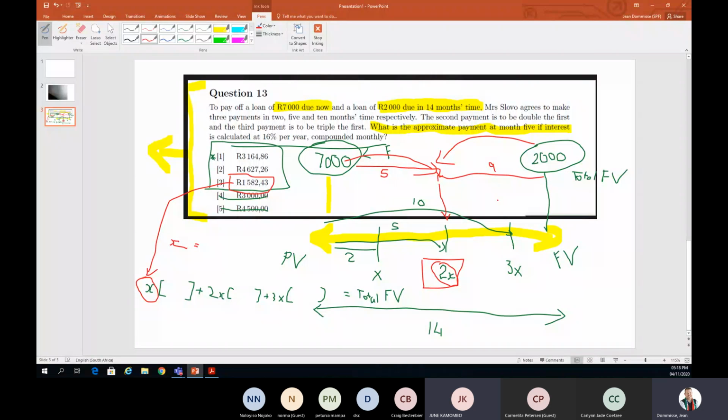Okay, so let me see if I calculate it the other way, if it may be easier to do it that way and we get the same answer. So I will play a bit with that and see if I can get to a quicker way for you to get to the answer, because I like to move everything into the future or everything back into the beginning, and from there I normally like to work.